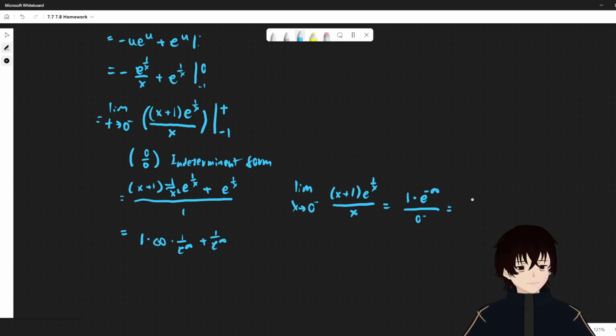So that is 1 over 0 times e to the power of infinity, which is not good. But wait. The infinity of the exponent is greater than the infinity of a linear expression.